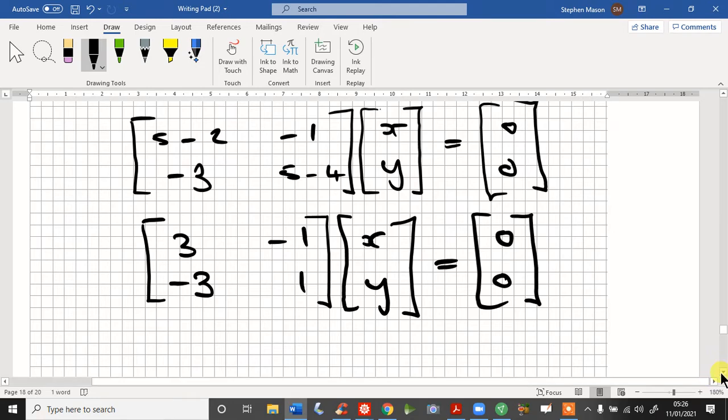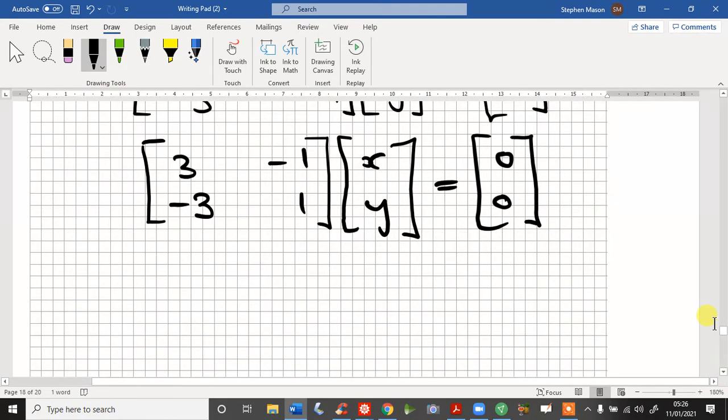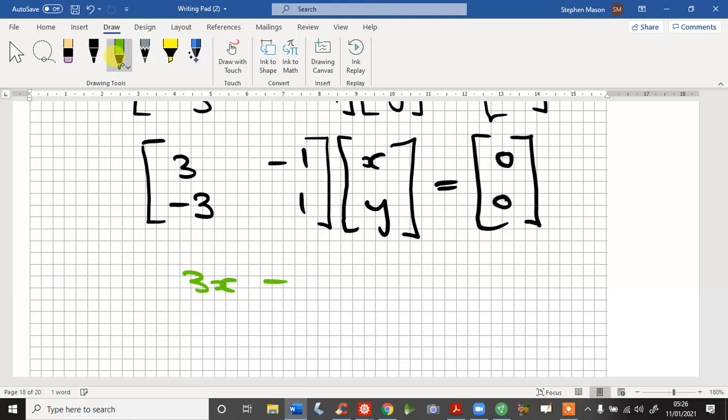Now, both of these equations imply, well, we can just write the first equation out. So we've got 3 times x is 3x, minus 1 times y, which is -1y, equal to 0. And then we've got -3x plus 1 times y equals 0.